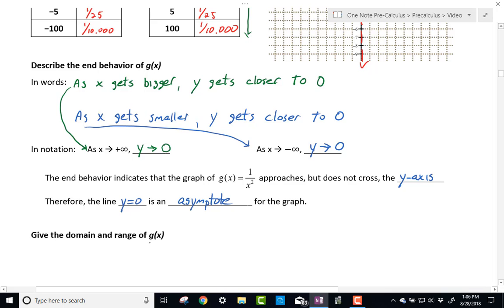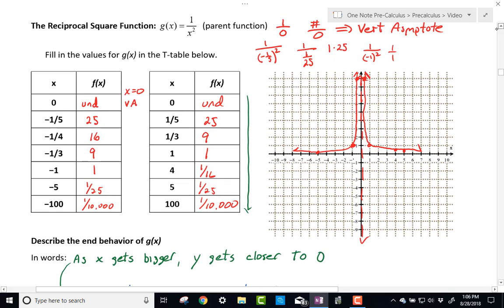Giving the domain and range of g of x, well, let's go back and take a look at the graph here. My graph, if you look at it, it goes all the way to the left because of that arrow, so we're talking domain. It goes all the way to the right because of the red arrow on the right side.